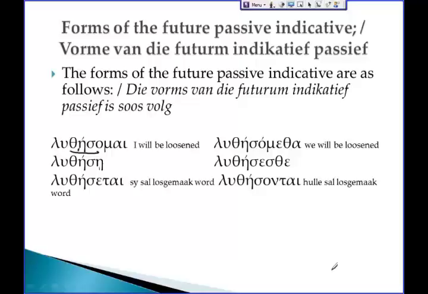Okay? Then let's go to page 92, and look at the aorist passive infinitive. I couldn't put it on here. You have the luthenai. Okay? Luthenai. And that is the only infinitive you have to learn as far as the aorist passive is concerned.